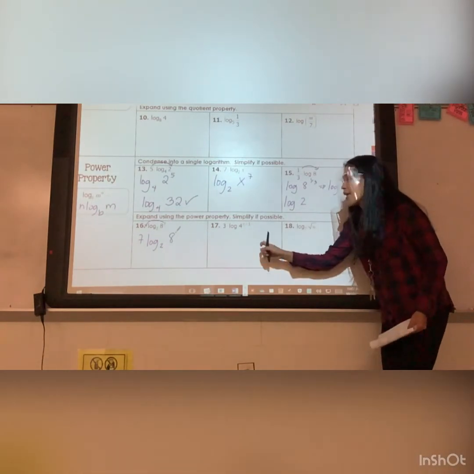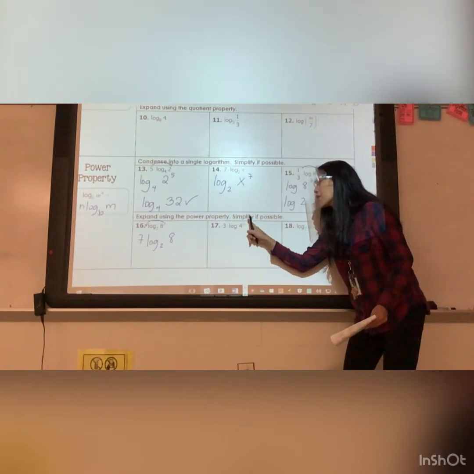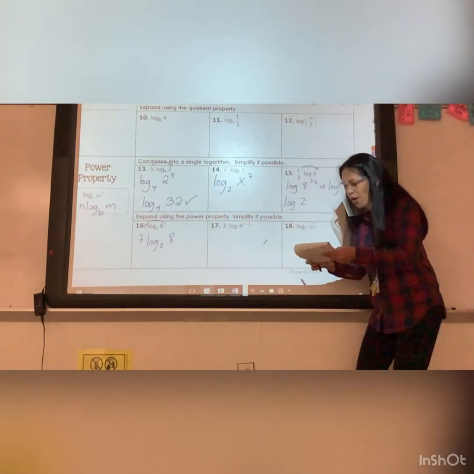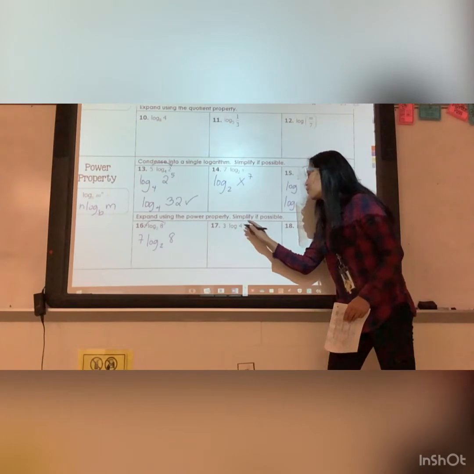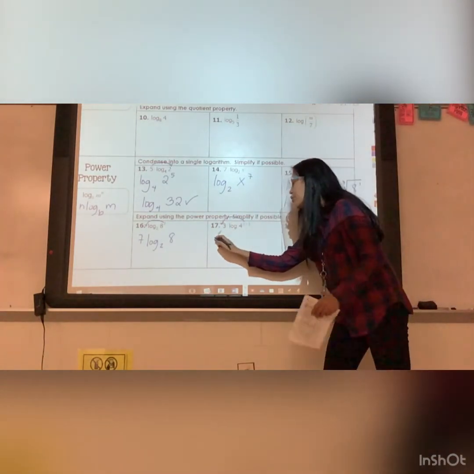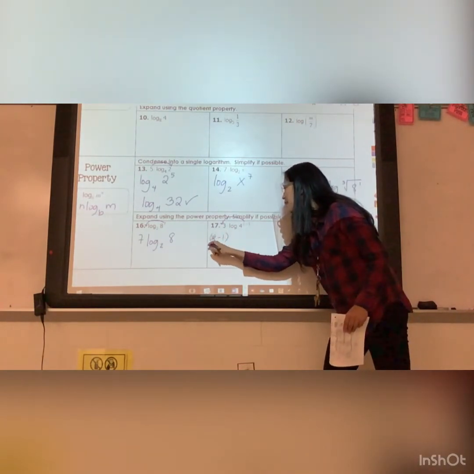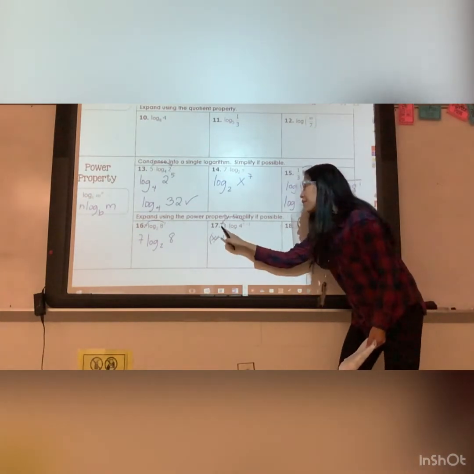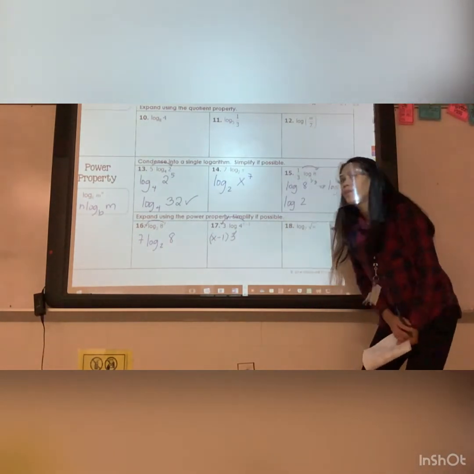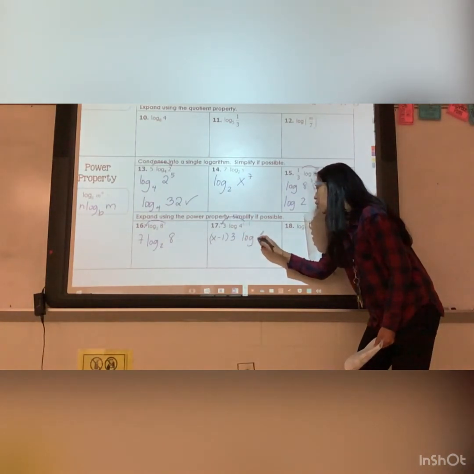Next. Okay, let's have this. Number 17. Your exponent here is an expression. So how are we going to do that? It's going to be like this. Put it at the front. So it's going to be (x minus 1) in parentheses, but you have 3 in here. And then you have log base 10 of 4.